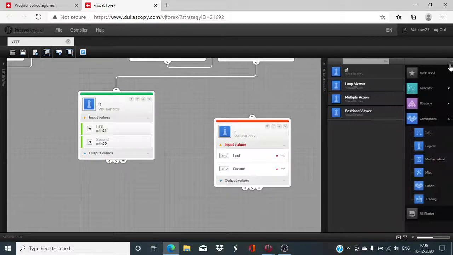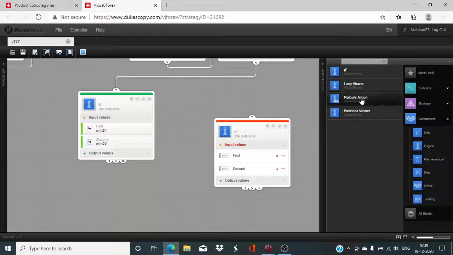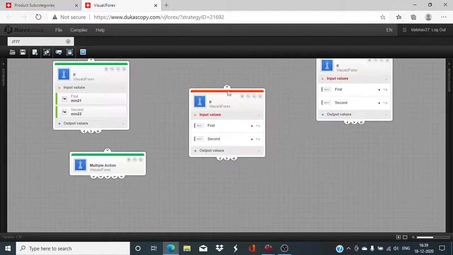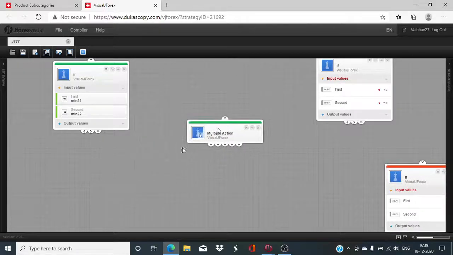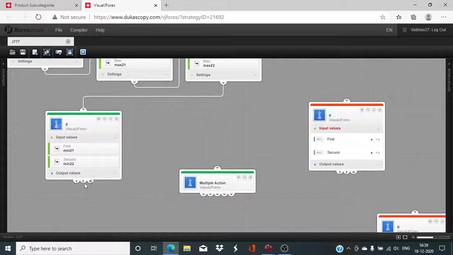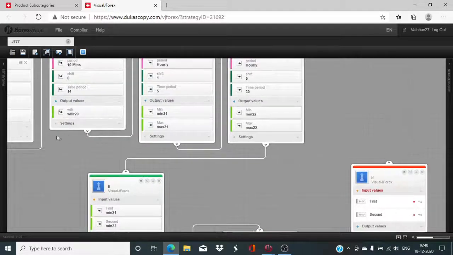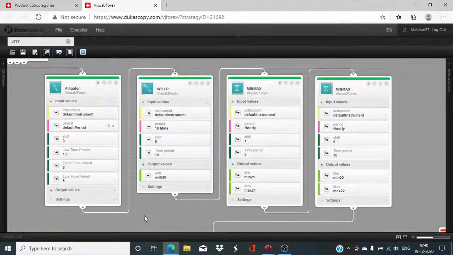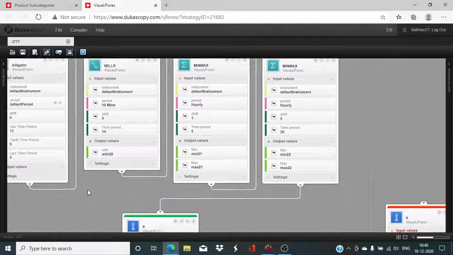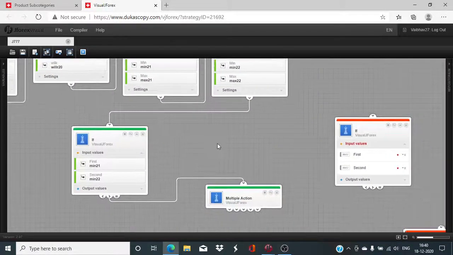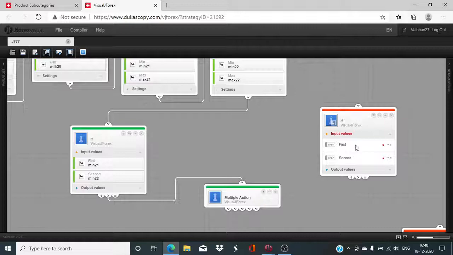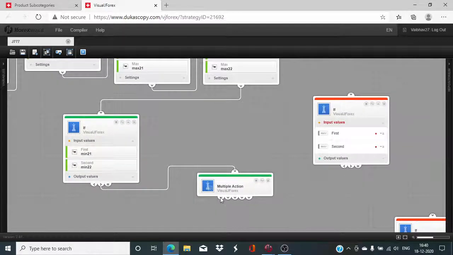So here again we bring in the multiple action block, and minima is greater. Okay, then other indicator combination will be looked at. So Williams R value we have, and so here we join this.